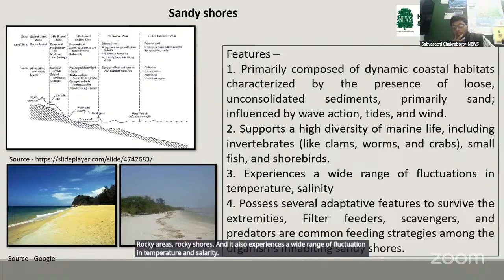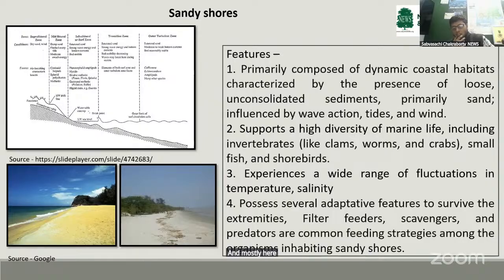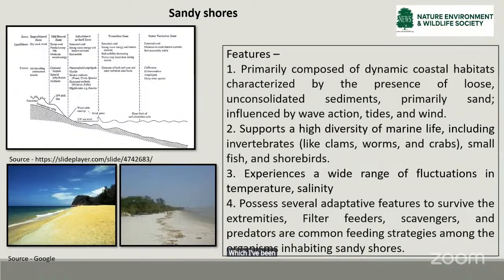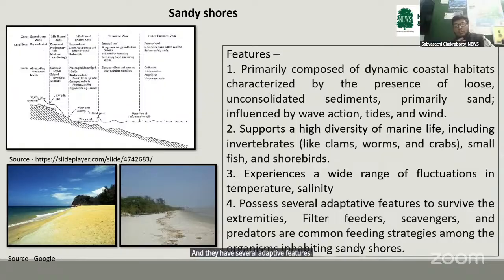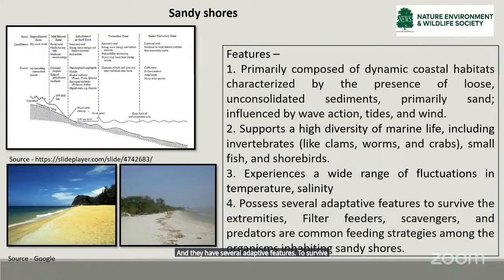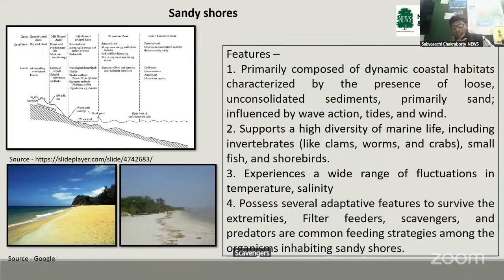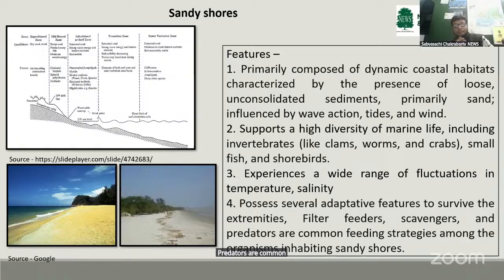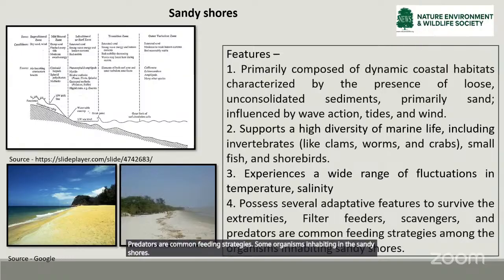Like the rocky shore organisms, the sandy shore organisms also have several adaptive features to survive their extremities. Mostly the organisms living here are filter feeders, scavengers. Predators are common feeding strategies among organisms inhabiting the sandy shores.